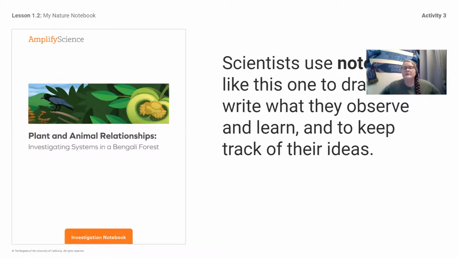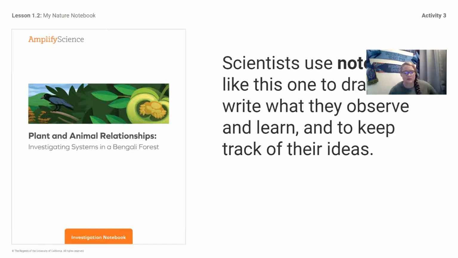All right, now that we're all on page 4 of My Nature Notebook, let's read the directions. It says, after reading My Nature Notebook, think about the ways the child studied the forest habitat. In each box below, write one way she studied the forest habitat.